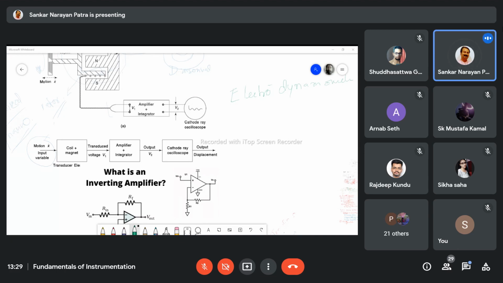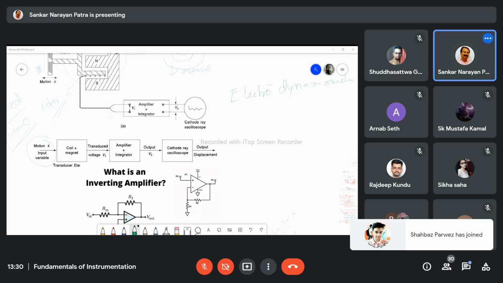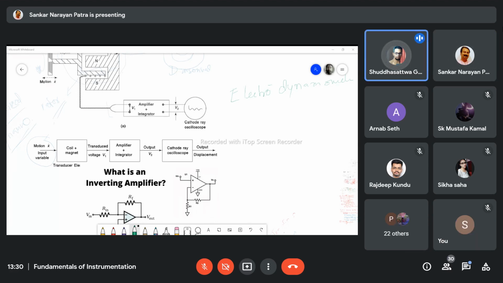How the displacement will be measured, I am coming to that point. What did I say the name? Electrodynamic type displacement measuring instrument.